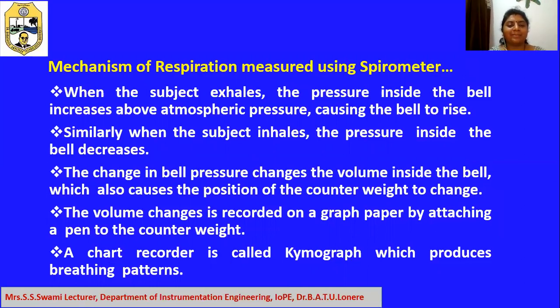The change in bell pressure changes the volume inside the bell, which also causes the position of the counterweight to change. The volume change is recorded on the graph paper by a pen attached to the counterweight. A chart recorder, also called the chemograph, produces the breathing pattern for inhaling and exhaling. At the same time, we get the electrical output which is connected to the weight. Thank you.